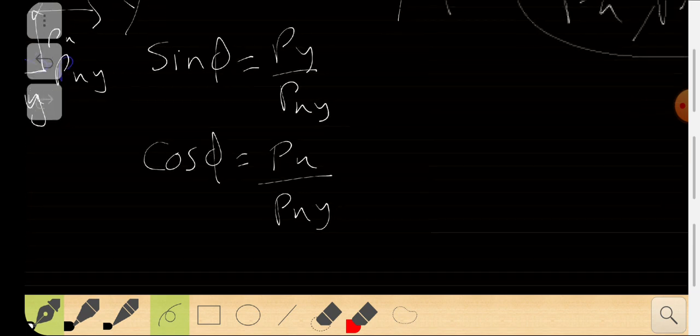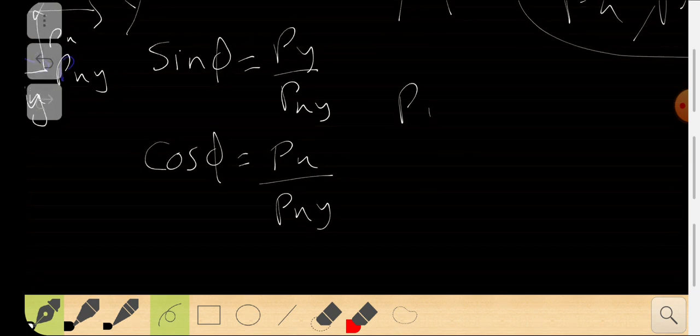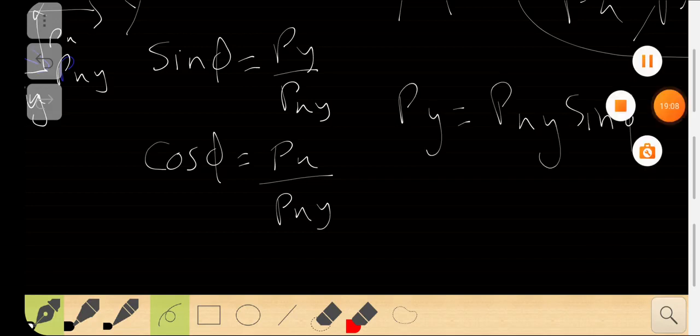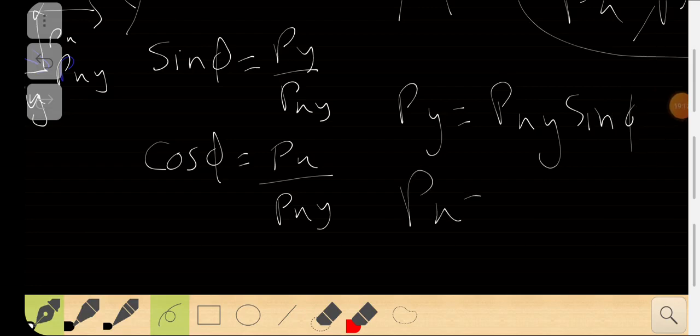So now you get py equals p of xy times sine phi, and p of x is equal to p of xy times cos phi.